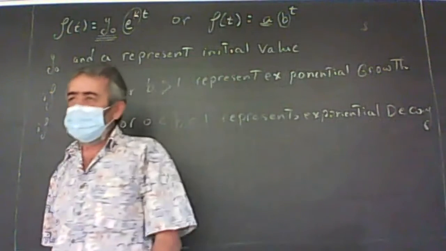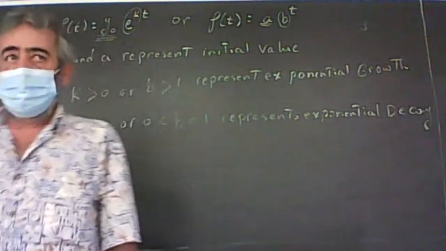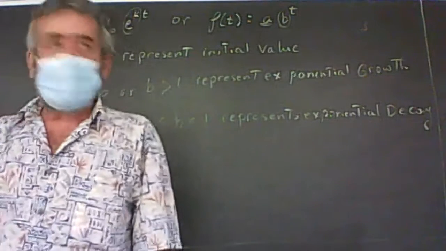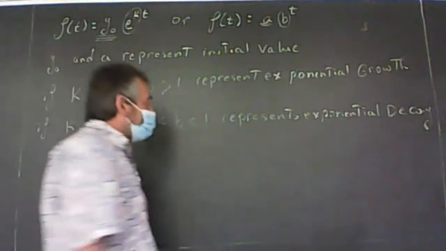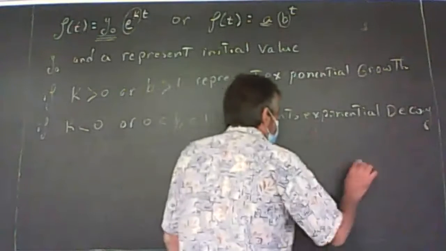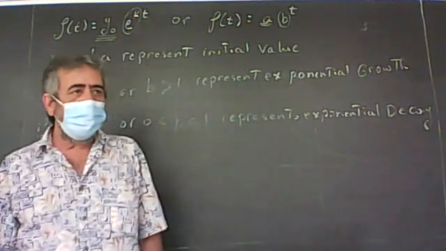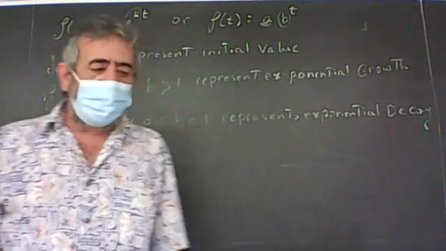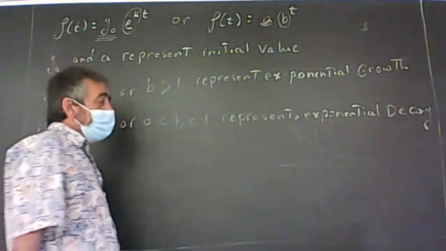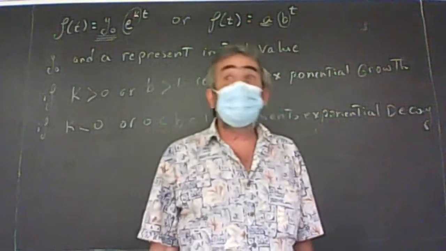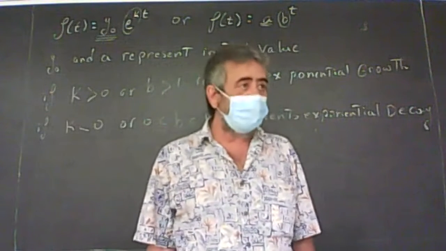Decay means the amount is diminishing, getting smaller and smaller as time goes by. So the graph of this kind of equation will look something similar to that. Yeah. So those are the basic ideas about exponential functions and exponential growth or decay.